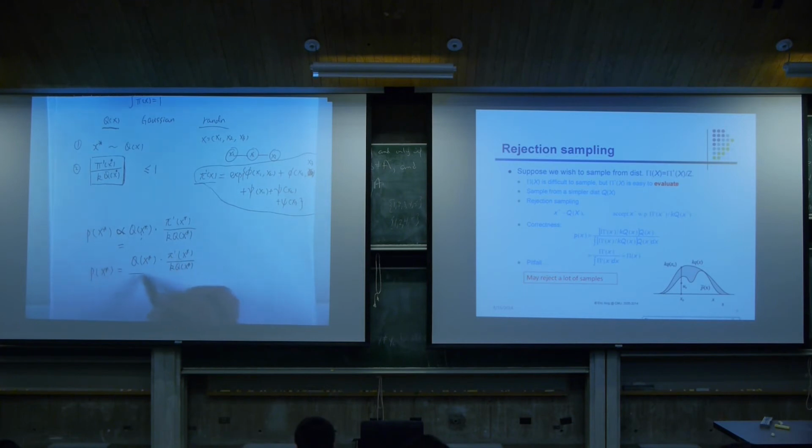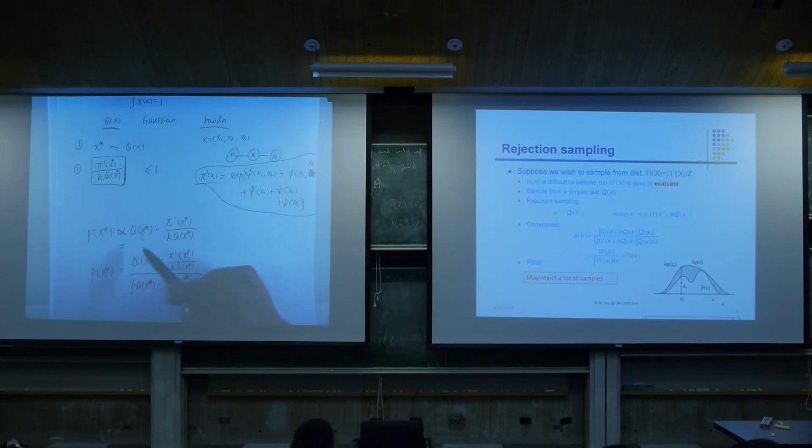The normalizer would be the sum or integration of all the possible values of this over dx.